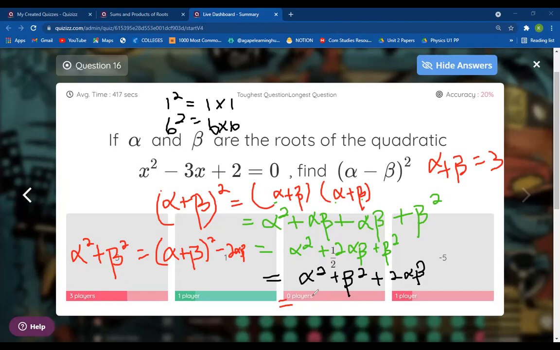So alpha plus beta squared minus 2 alpha beta plus 2 alpha beta. These would cancel off, my minus 2 alpha beta and plus 2 alpha beta. So I remain with alpha plus beta squared. Everybody understands that, right? That was just to show you how I got this.